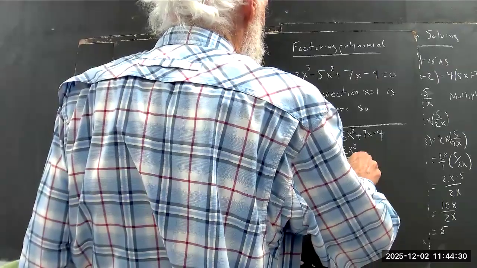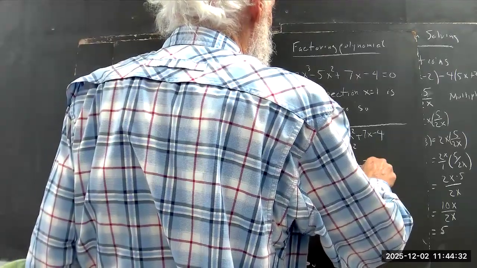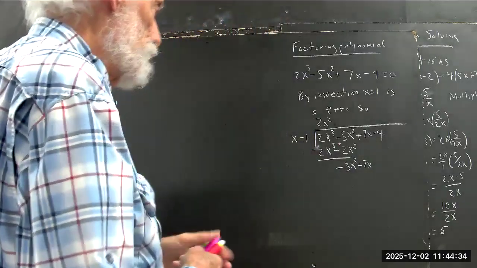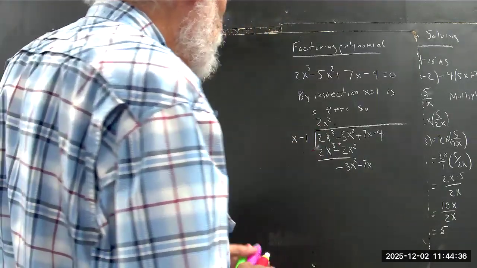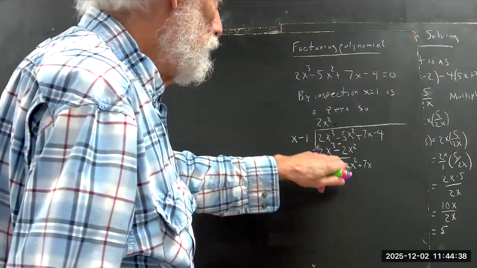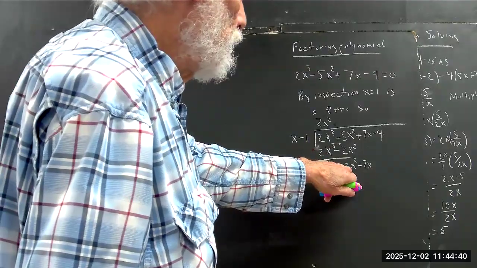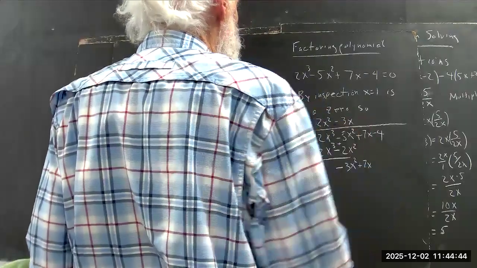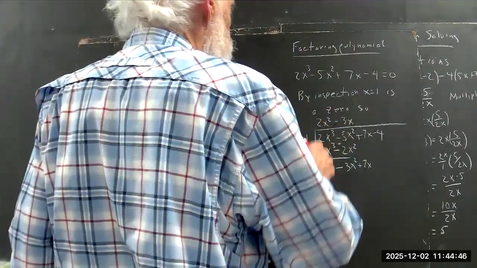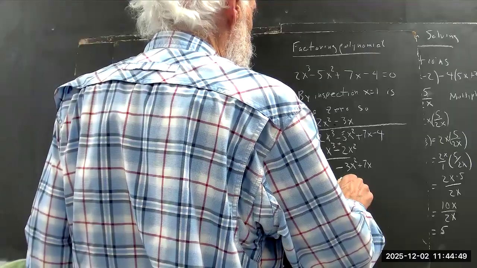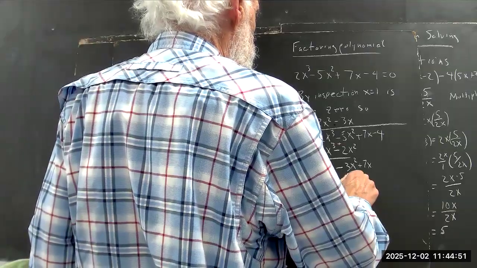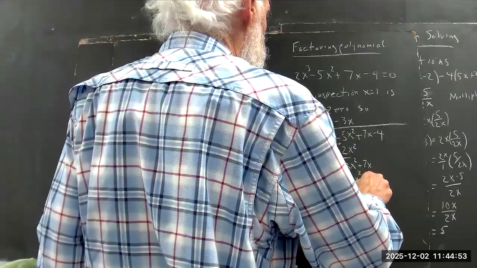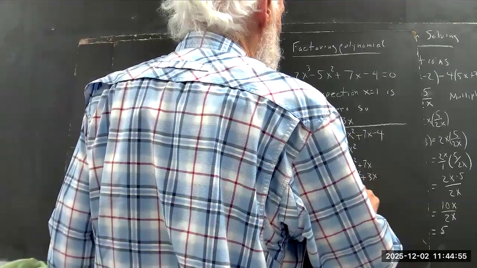Anyhow, we get minus 3x squared plus 7x, and of course this gives us 0. And then what do we need? We need a negative 3x. So negative 3x times x minus 1 gives us negative 3x squared plus 3x.